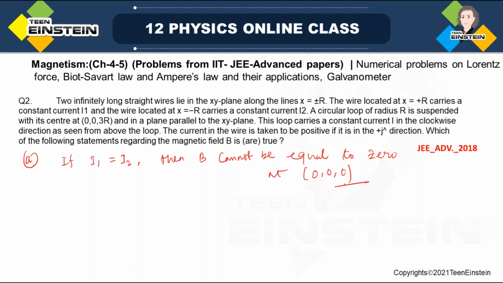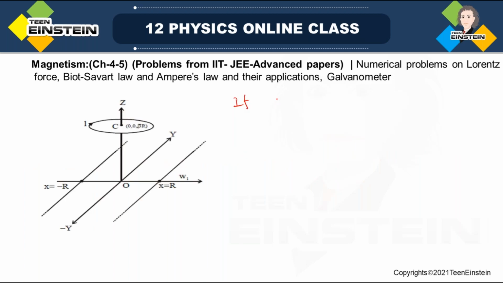The last option we'll see. The last option is, if I1 equal to I2, then the z component of B at the center of the loop is minus mu 0 I by 2r.